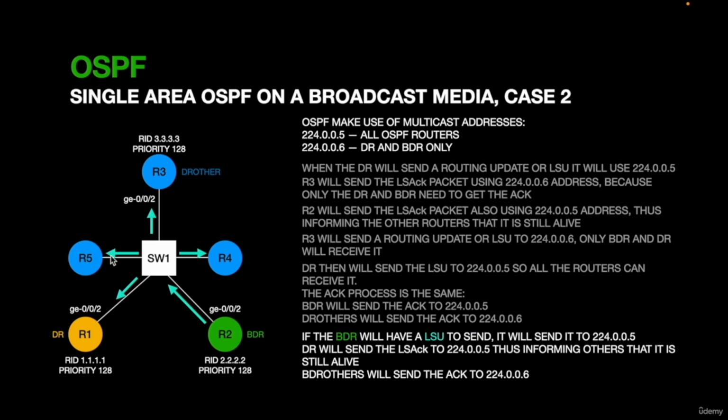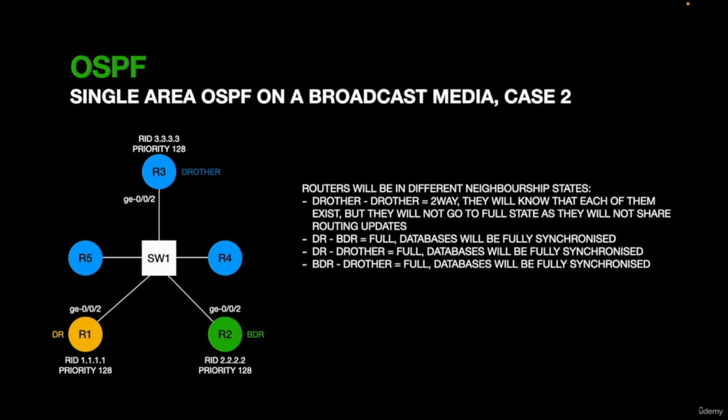And you can see that we have only 5 routers here, but imagine a network which has 20 or 30 or 100 routers. It will be a disaster, and the bandwidth will be consumed just for the update and acknowledge messages. Okay, so moving on.